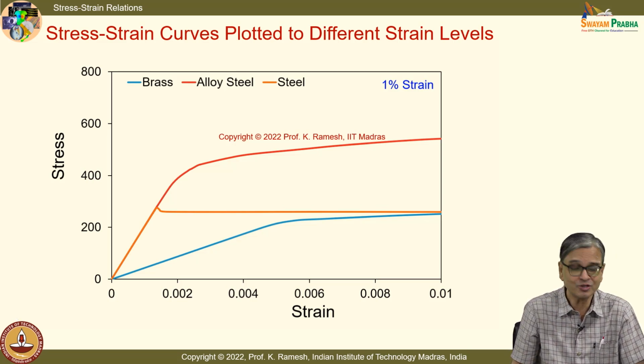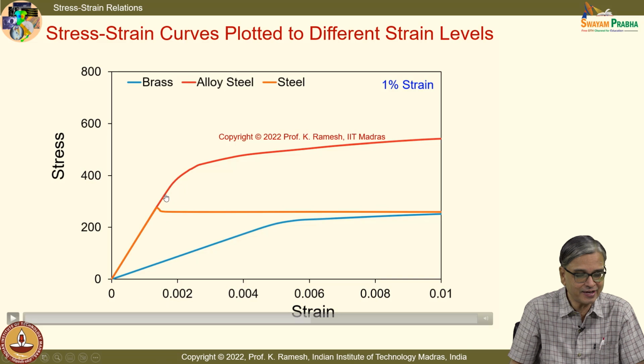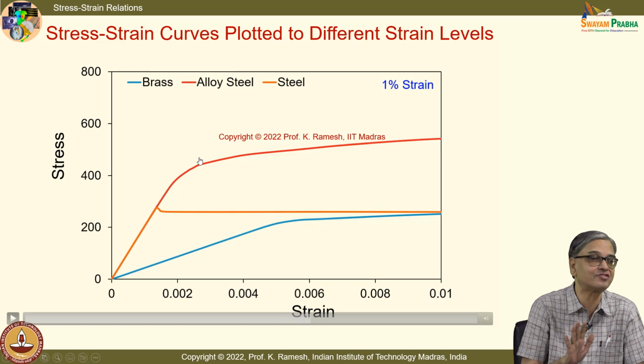Why? Because we have seen when I have a stress strain graph which is not having a clear demarcation of the yield strength, I have to draw a line parallel to this initial slope from 0.002 and then find out what is the point it touches and find out what is the corresponding value as yield strength.